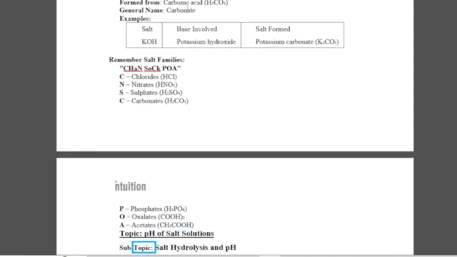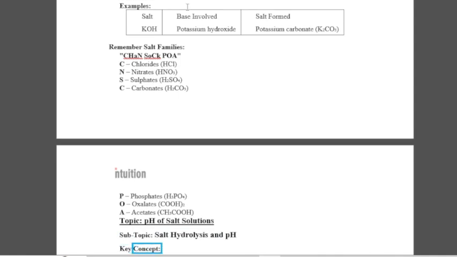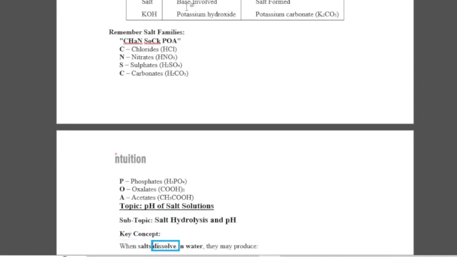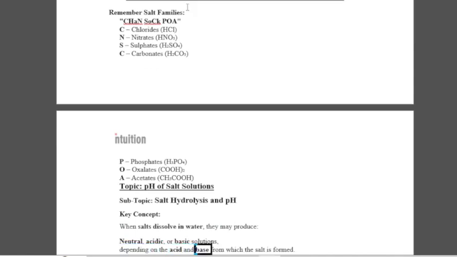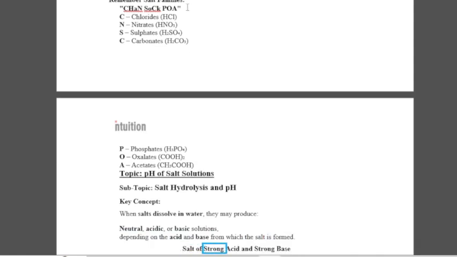Subtopic: salt hydrolysis and pH. Key concept: when salts dissolve in water, they may produce neutral, acidic, or basic solutions, depending on the acid and base from which the salt is formed. Salt of a strong acid and a strong base.